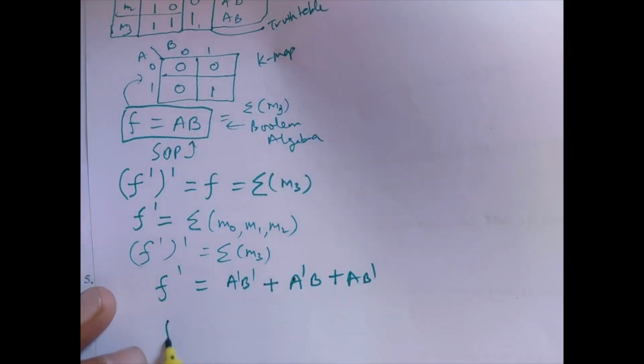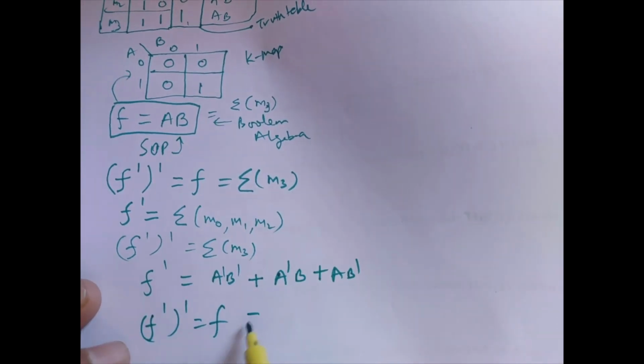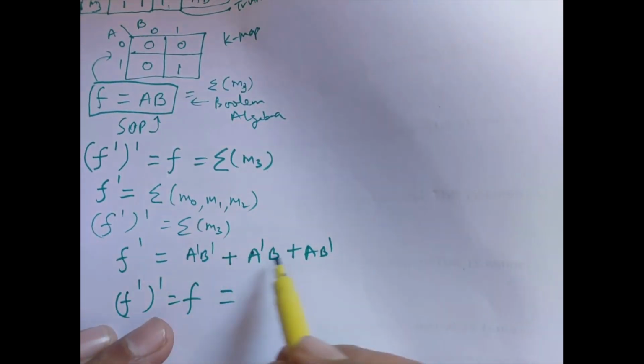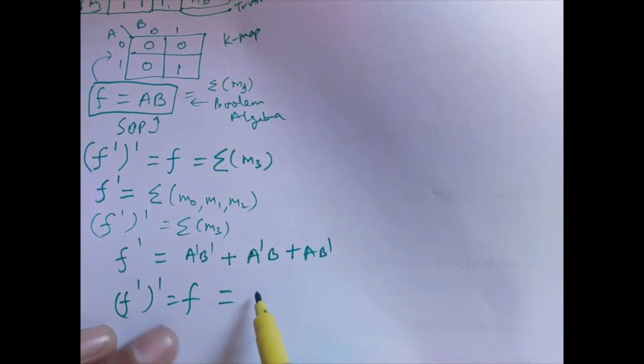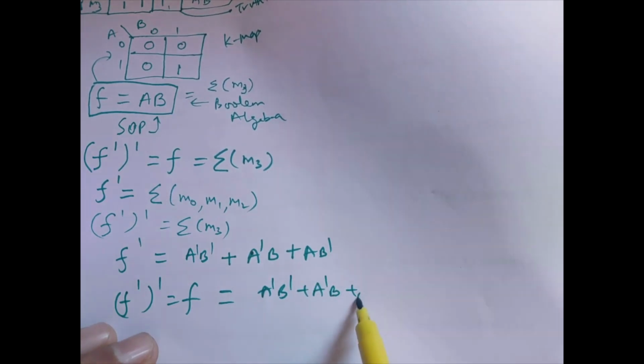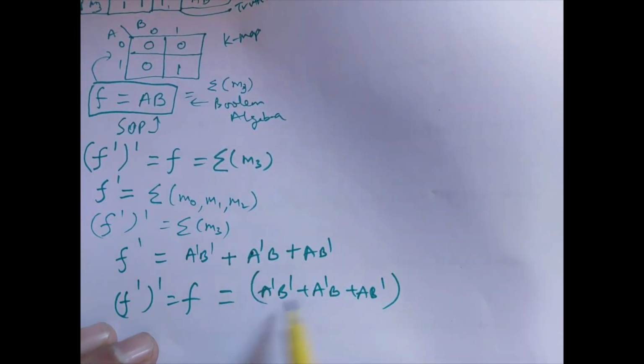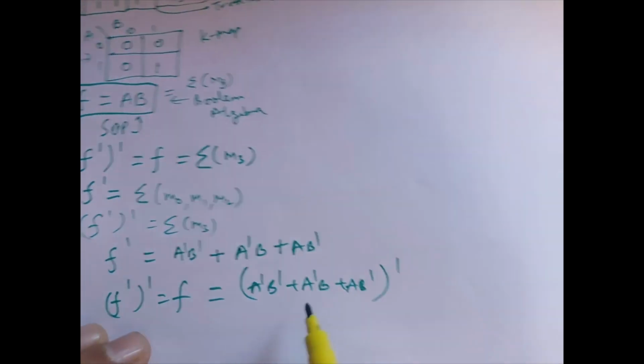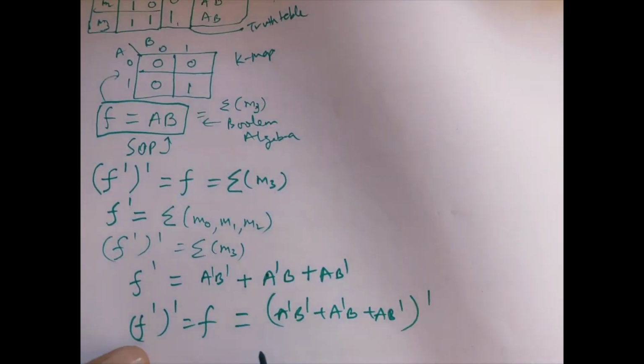Now what is the complement of this? This is the function itself. Now let us take the complement of all of this. So what will we write? We will write f complement first, which is this, and take the whole complement. So this whole complement will give us f again. Now let us solve this.